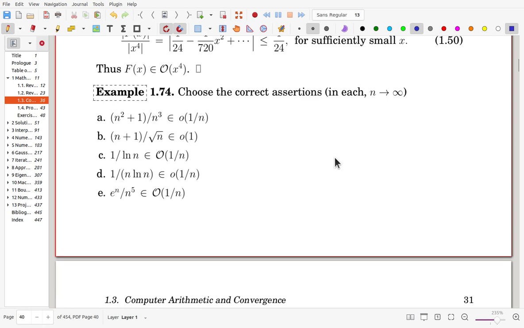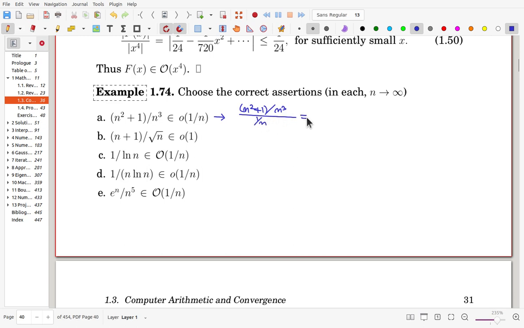Okay, choose the correct assertions. For each one, n approaches infinity. To check if this assertion is correct, we have to make this one over that one, so that n squared plus 1 over n cubed, over 1 over n.